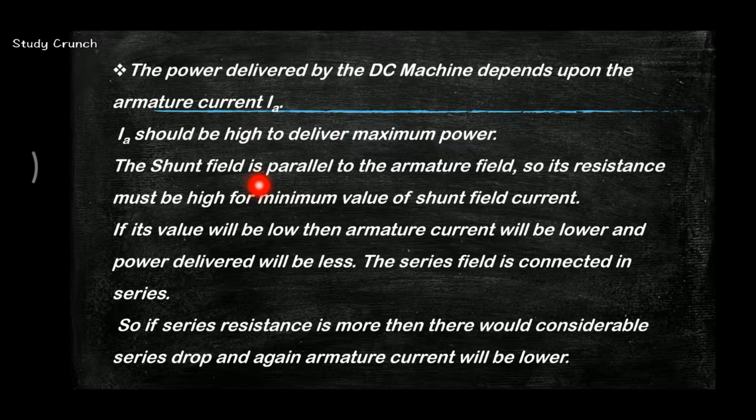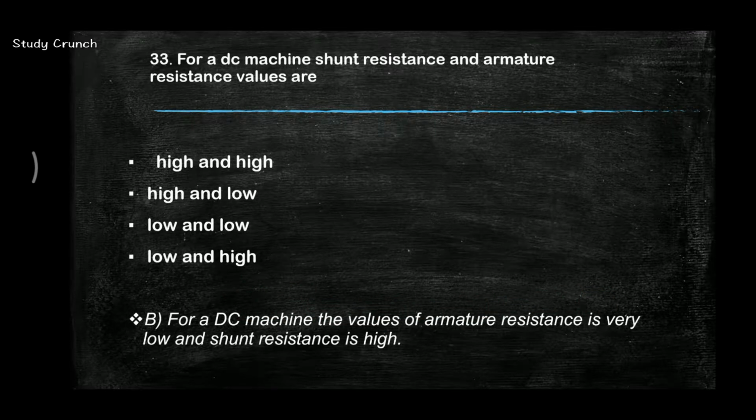The shunt field is parallel to the armature, and the resistance must be high for a minimum value of shunt field current. If the series resistance is more, then there would be considerable series drop and the armature current will be low. So the answer is B, that is high shunt resistance and low armature resistance.